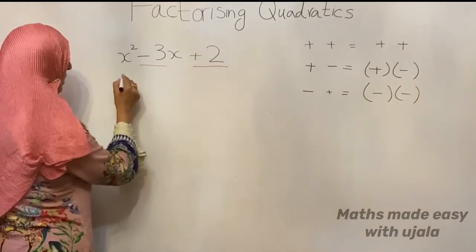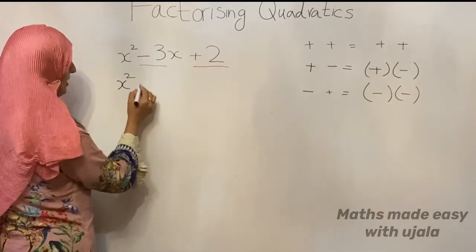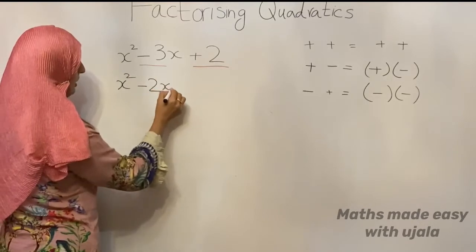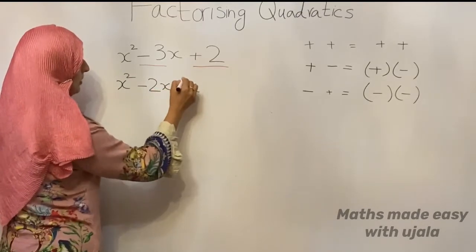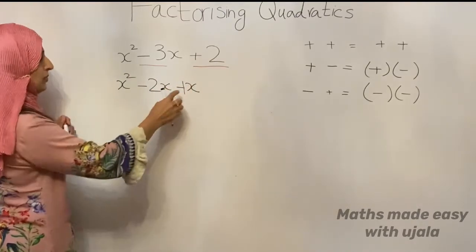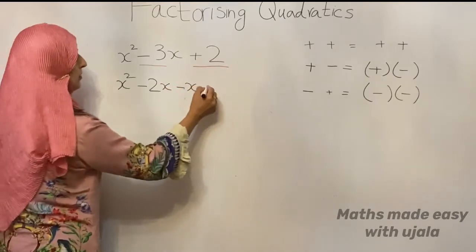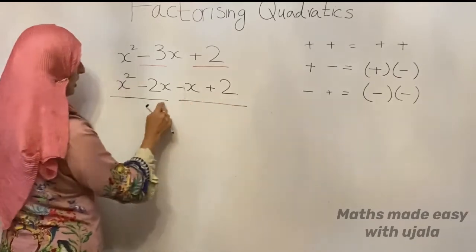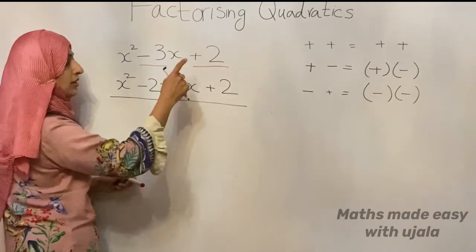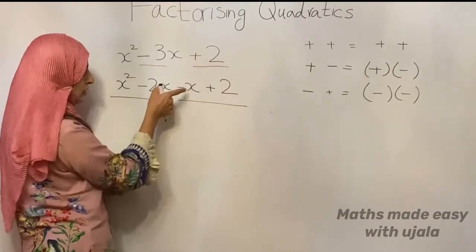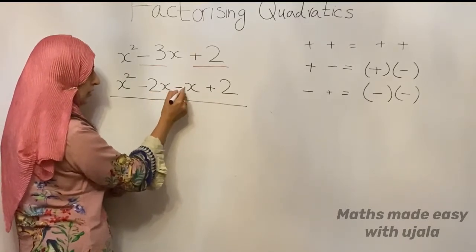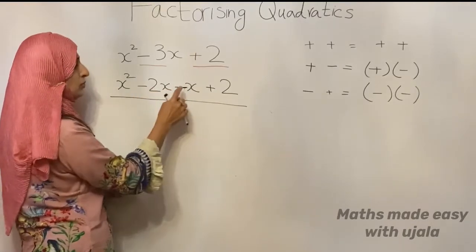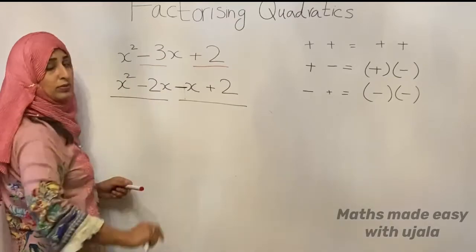So x square, instead of minus 3x, I can write minus 2x minus x, because minus 1x is equal to minus x. Plus 2. You can check again because there's a minus sign here, plus sign here. The two next terms are with the minus sign because minus 2 minus 1 adds together to minus 3.